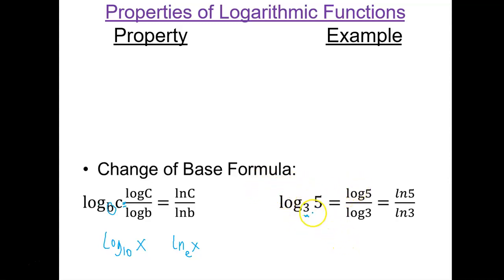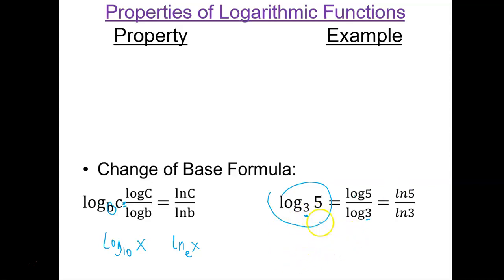So log base 3 of 5 is the same as log base 10 of 5 divided by log base 10 of 3, which is also equal to natural log of 5 divided by natural log of 3. So no matter what the base is, as long as it's the same on the top and the bottom, it's going to give me the same thing as if I were just calculating log base 3 of 5. Okay, so grab a calculator if you have one.